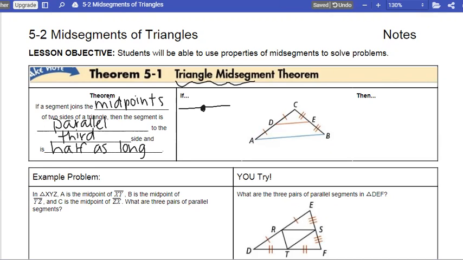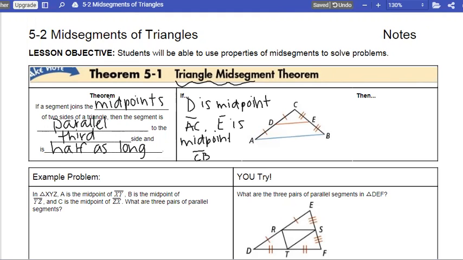So if we look at our diagram over here, if I know that D is the midpoint of segment AC, and I know that E is the midpoint of segment CB.